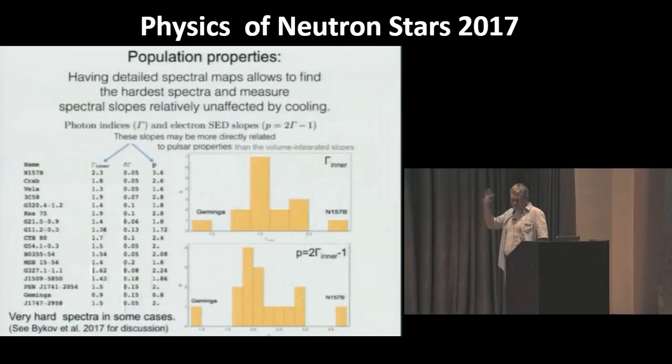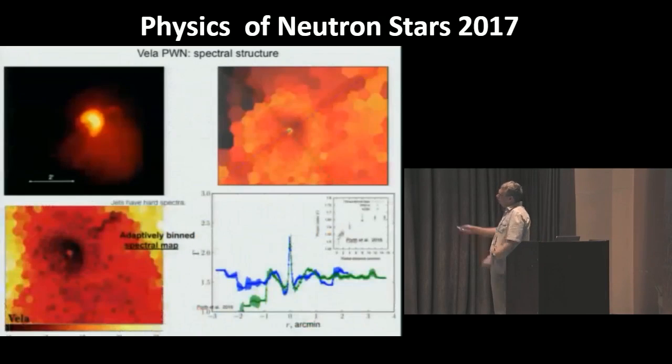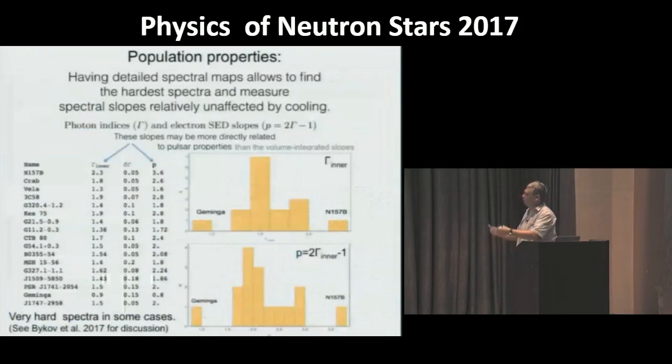Now, I don't have time to show any other spectral maps, but we have done spectral maps for all these pulsar wind nebulae that are well observed by Chandra, and that allows us to measure the spectral indices in the innermost region close to the termination shock, so hopefully there's no effect of cooling. Maybe it's a truly injected spectrum there, right? So if you take it like that, then these numbers may be more interesting.